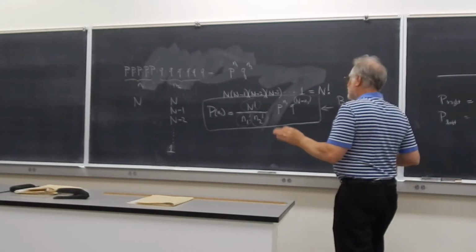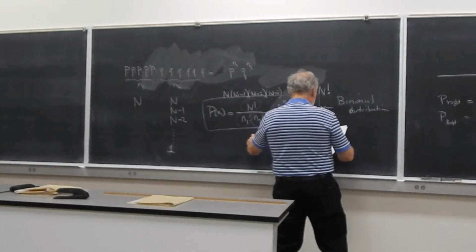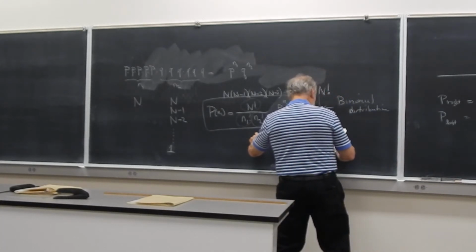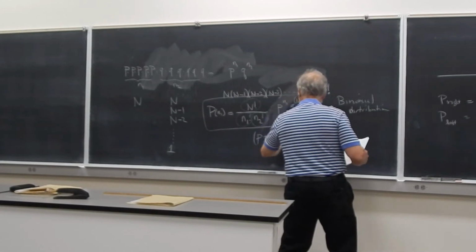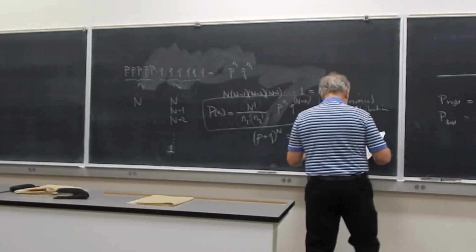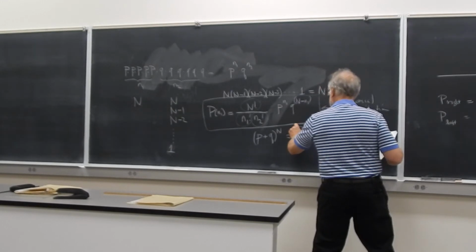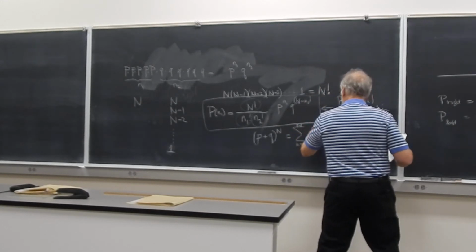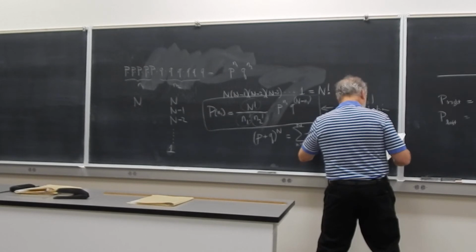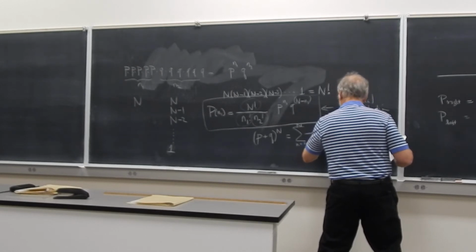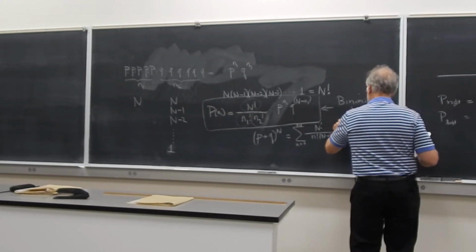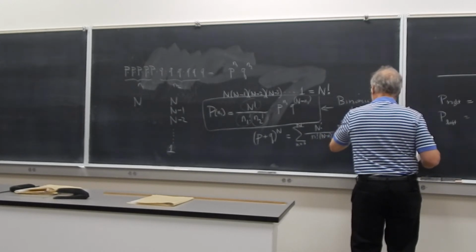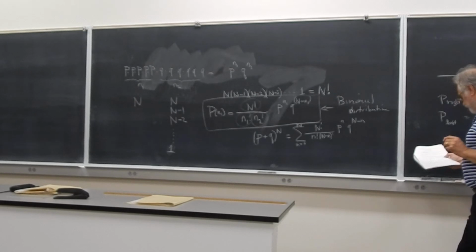And in fact, I might think of it this way. I can write (p plus q) to the N as the sum from n equals 0 to capital N of N factorial over little n factorial times (N minus n) factorial, p to the n, q to the N minus n.